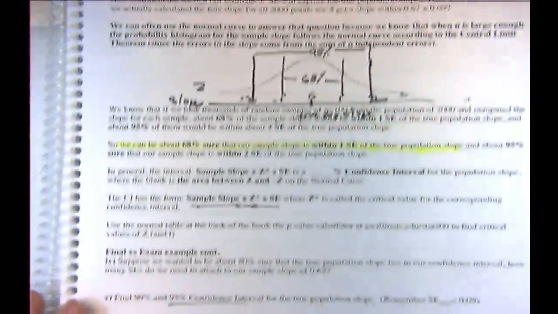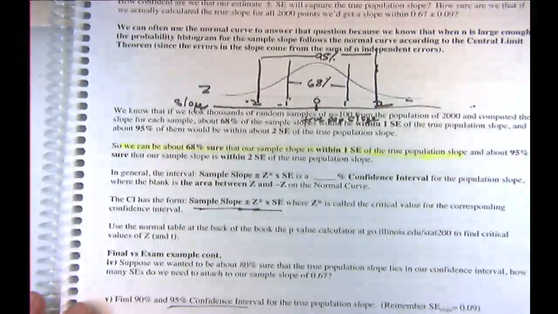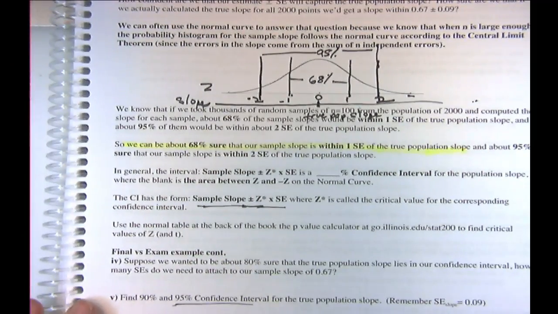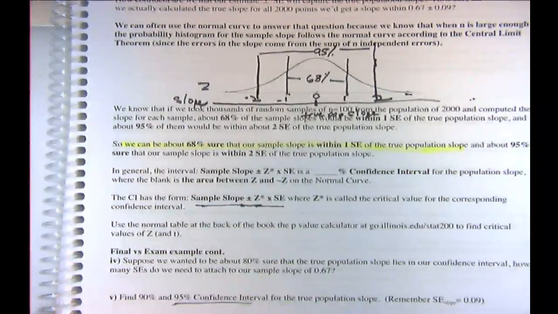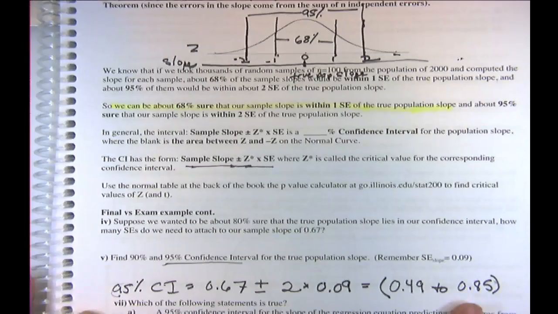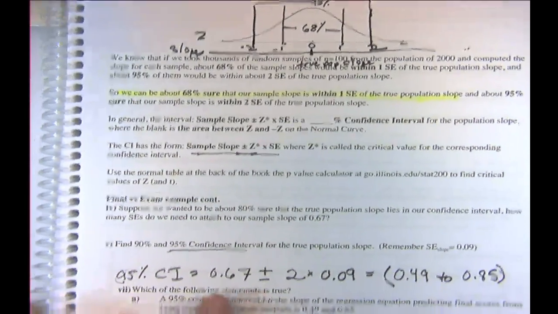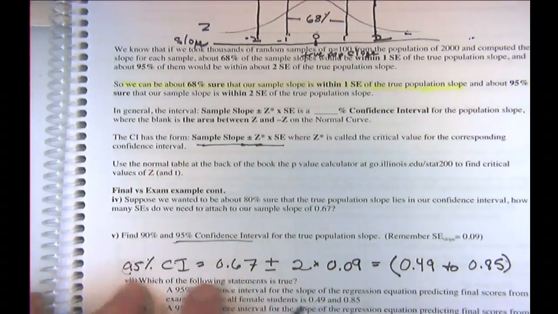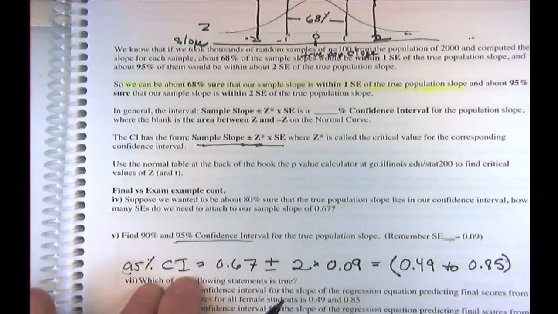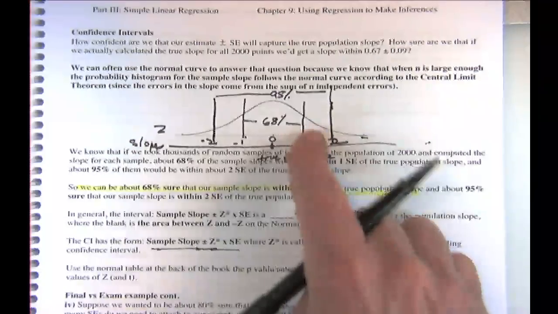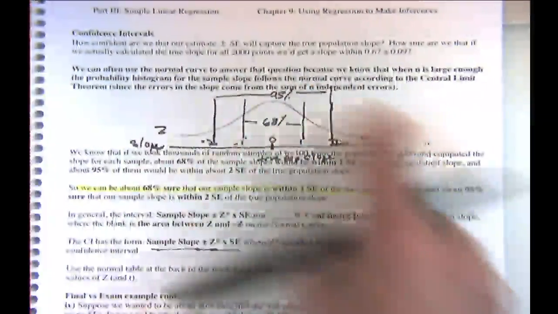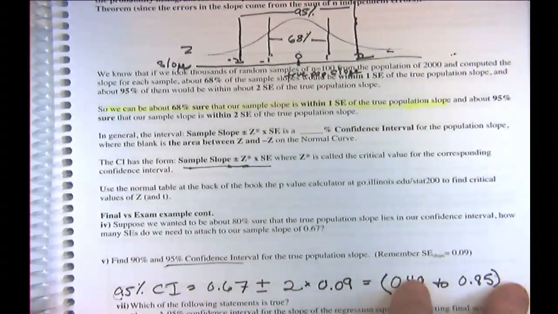So that's what we're doing. You know what to do here. We still haven't brought in our last assumption of normality. So where does that come in? I think you understand all this. Which of the following statements is true? We're 95% confident that the true population slope from the 2,000 students falls in this limit.